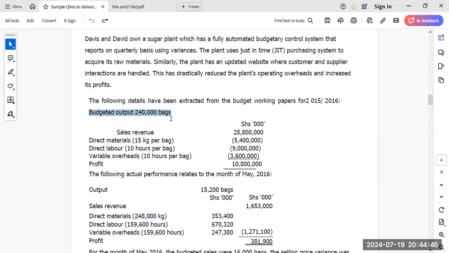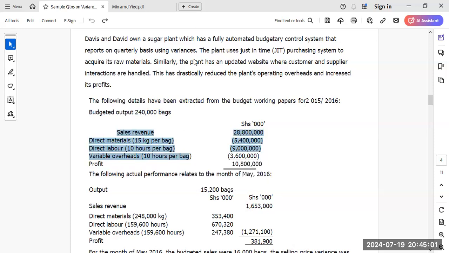These are budgeted, but when we are trying to get variance, recall that we look at the actuals. Your standard cost card, you rely on the standard cost card.